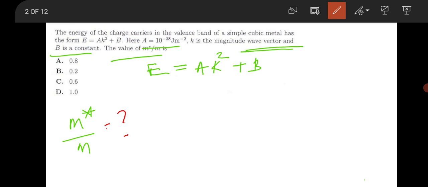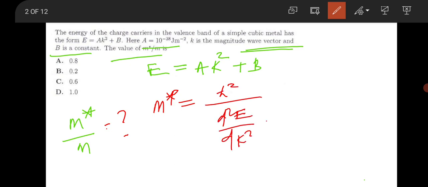Basically, if I solve all the questions, then it will be very long. So I will show the approaches. Please try all the questions. First of all, you know the effective mass is equal to h cut square by d square E by dk square. So generally it will be h cut square by 2A.